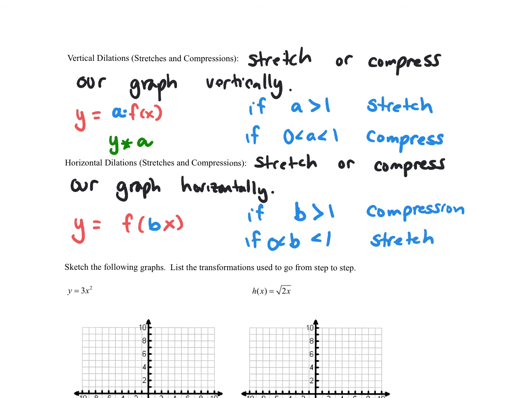And the reason is because if b is bigger than 1, it is actually going to do something a little different to the x values. We're actually going to multiply them by 1 over b. So that's different. For the y's, I just straight multiply by a, no problem. But for the x's, I have to multiply by 1 over b.